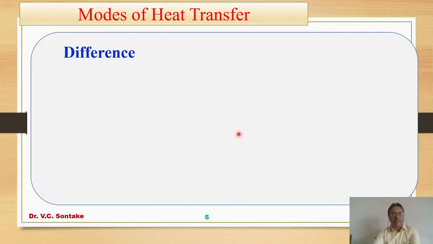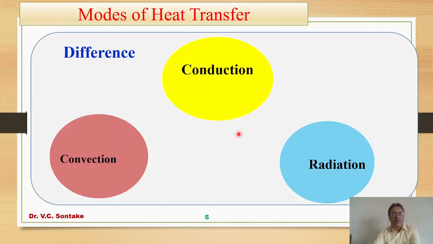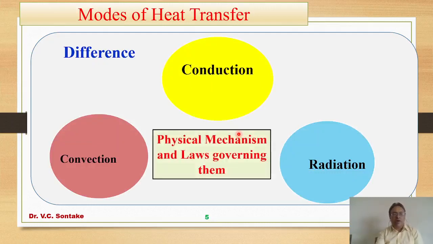Now what is the difference? The difference between all these three modes of heat transfer lies in the physical mechanism by which heat is transferred, either by conduction, convection or radiation. Also, the rate of heat transfer in each mode is governed by different parameters.